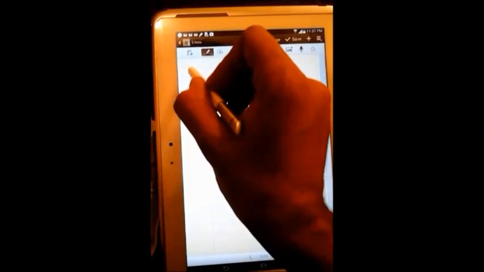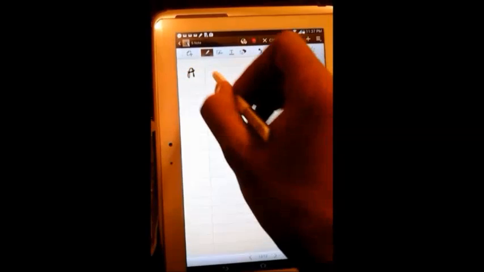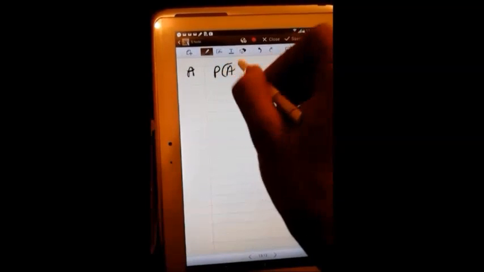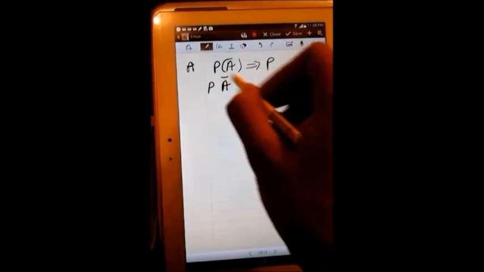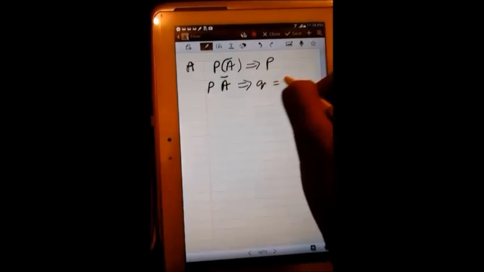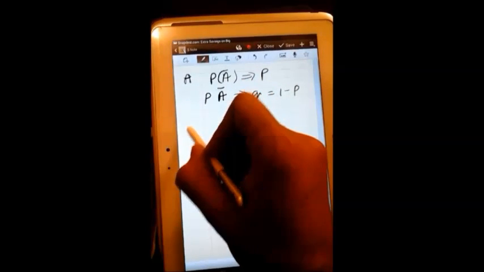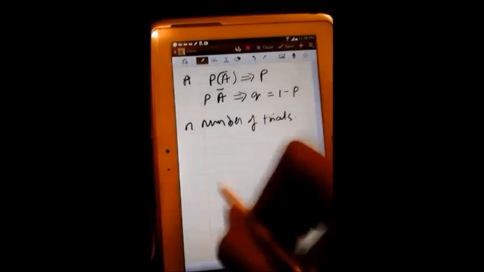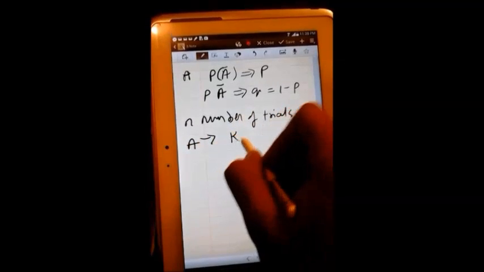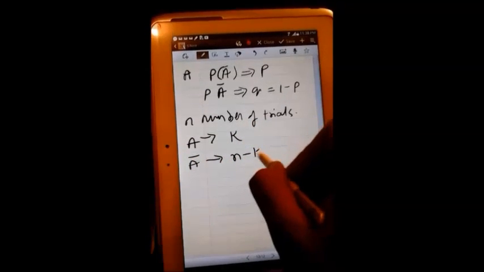Now, let us take an event A. Probability of occurrence of event A is given as, say, P, and probability that the event A will not occur is given by, say, Q, which is equal to 1 minus P. Now, out of n number of trials of an experiment, A occurs k times, which simply means that A dash occurs n minus k times.